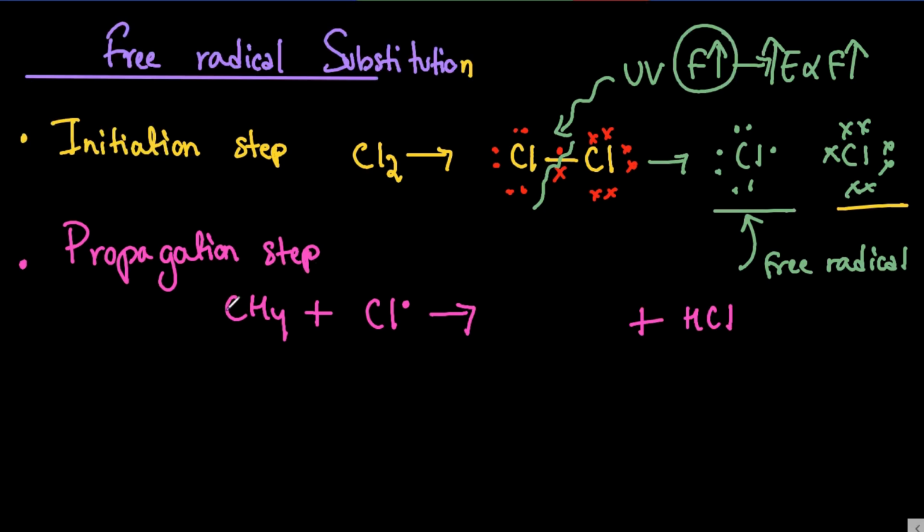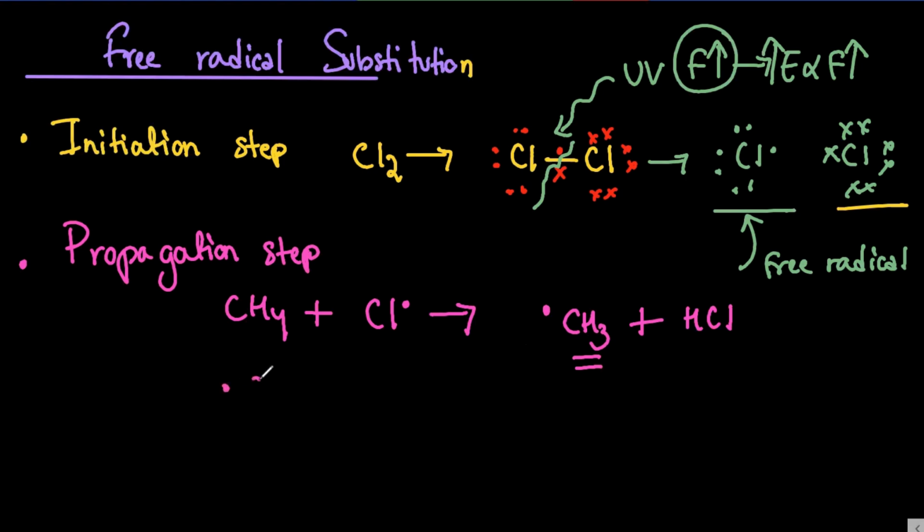So the carbon will have 3 hydrogens, because one of the hydrogens will be gone, and it will be left with a single unpaired electron. So it's going to be CH3 with a dot representing the one unpaired electron on carbon. So you have created another free radical.